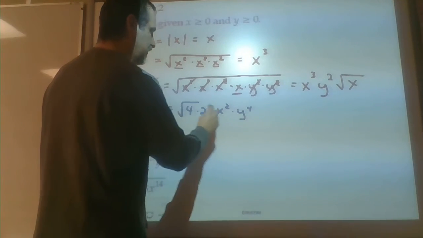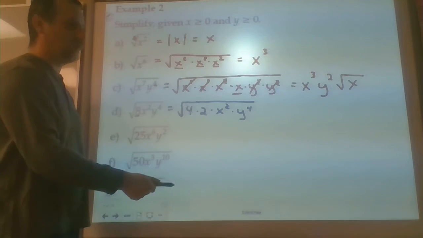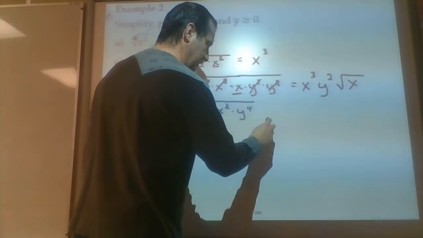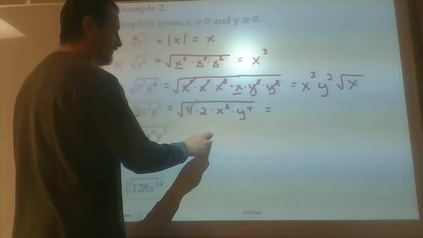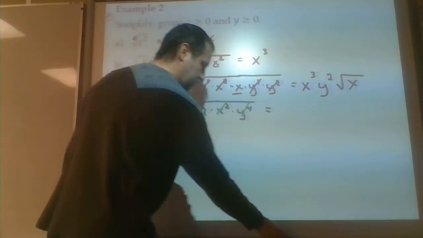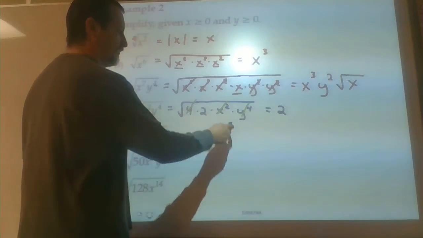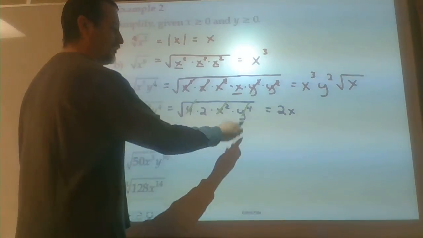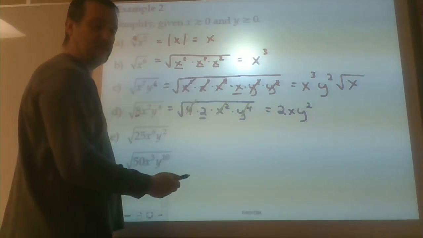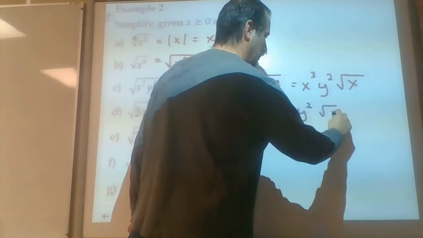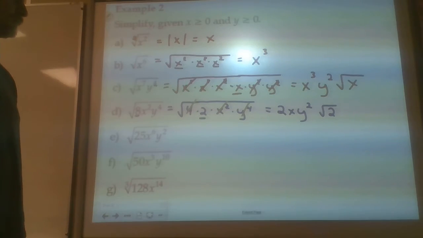And this is the way I like writing them: if I have an index of 2, leaving these as multiples of 2 as the exponent. And then I just go through and say, okay, that has a perfect answer, that has an answer, and that has an answer. So square root of 4 is 2. Square root of x squared is just x. Square root of y to the power of 4 is y squared. Anything that's left under the radical symbol stays under the radical symbol. So 2xy squared times the square root of 2.